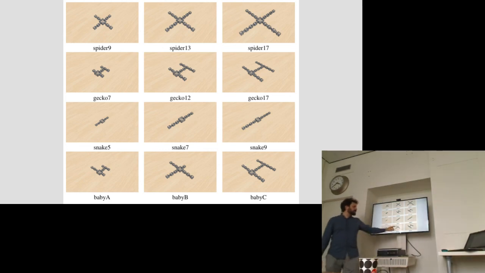And we had babies because we also wanted to test how good it was on mixed versions of these robots. And these robots were chosen also for other research and publications, so we just kept the same shapes, which is more comparable to other papers.